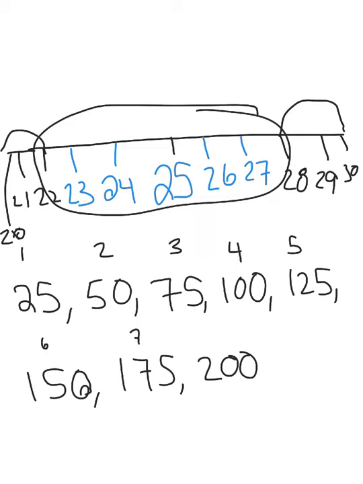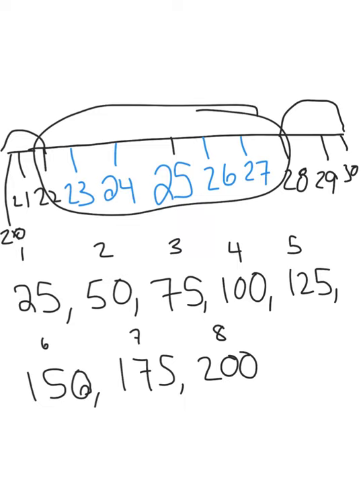All I did was count by 25s. So if you get a problem where you need to use compatible numbers and use 25, use this pattern, and it just continues and goes on and on and on.